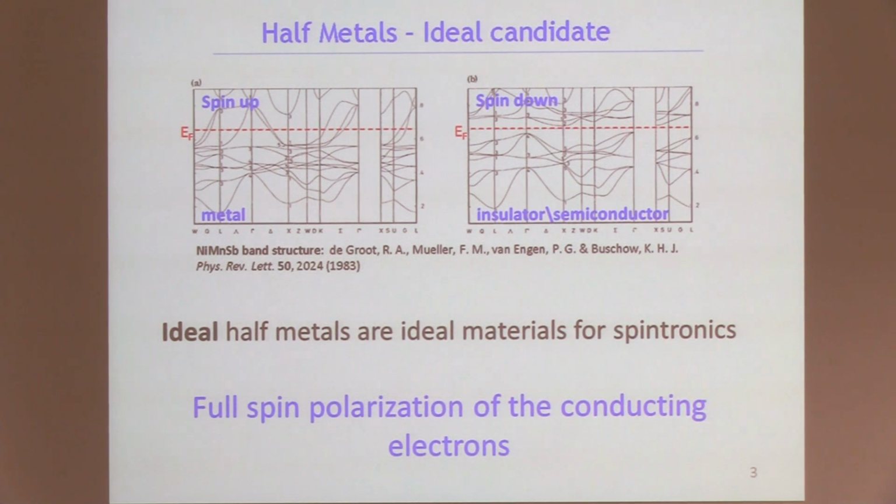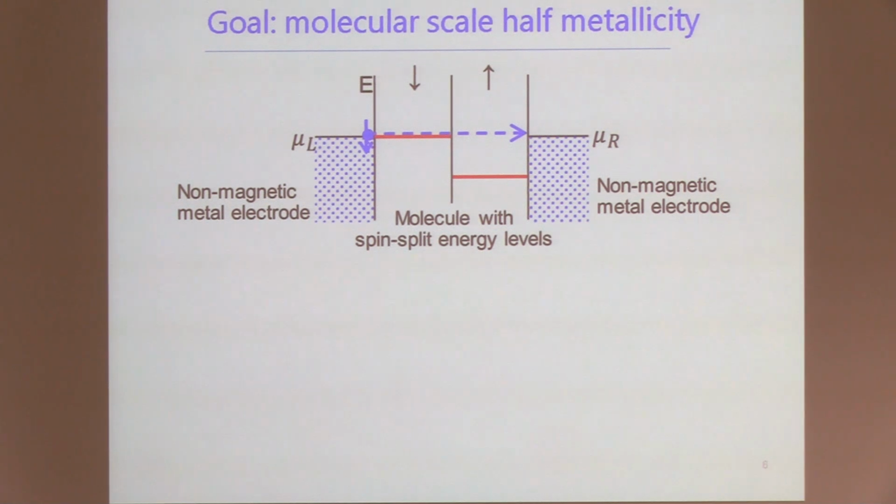Our proposal, in a naive way: we have two electrodes, and inside we have a molecule with a spin split energy level. We pass unpolarized current through this lead, and if you have some kind of structure inside, you expect one of the spin types can go through. So we should get 100% spin filtering. That is our goal.